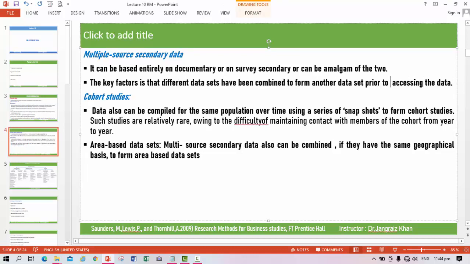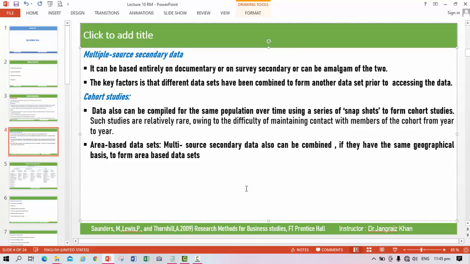Cohort studies. Data can also be compiled for some population over time using a series of snapshots to form cohort studies. Such studies are relatively rare owing to the difficulty of maintaining contact with members of the cohort from year to year.